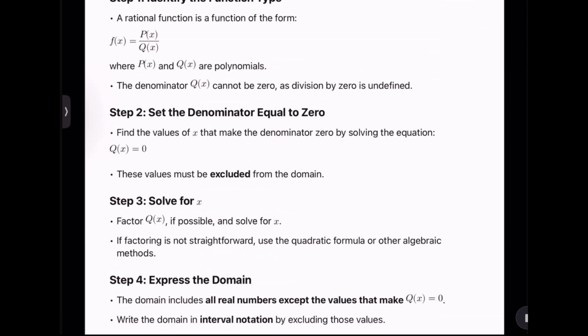If I was to teach you to write that domain in interval notation, would you look at me cross-eyed if I didn't explain to you what interval notation was? Right? Some of you guys would be able to do it, no problem. Some of you guys would be like, I don't know what interval notation is.